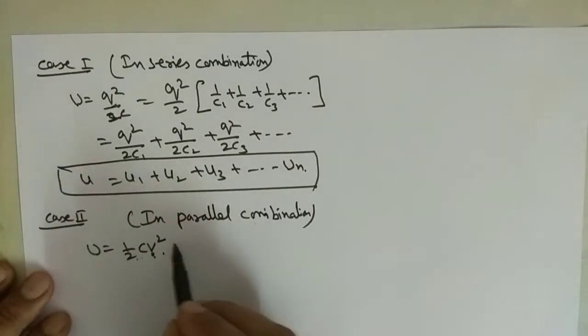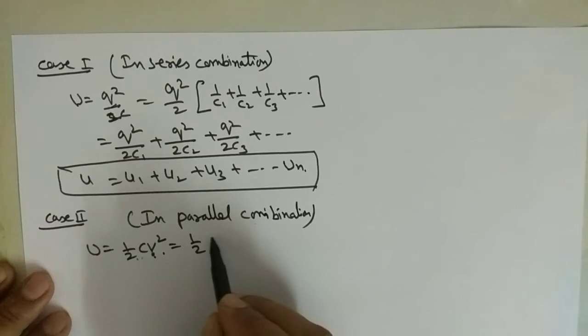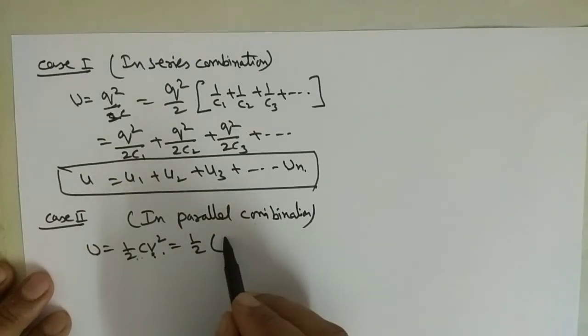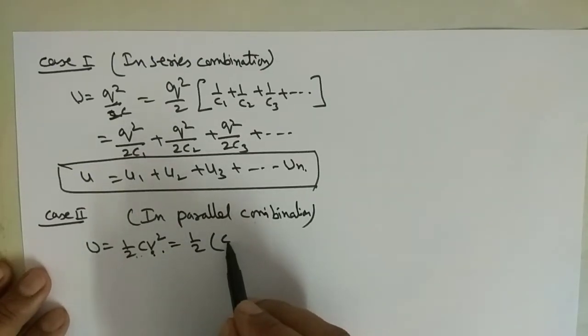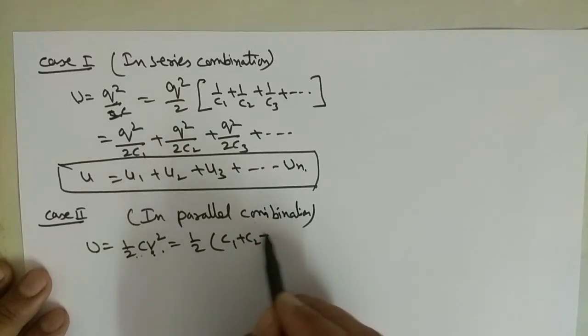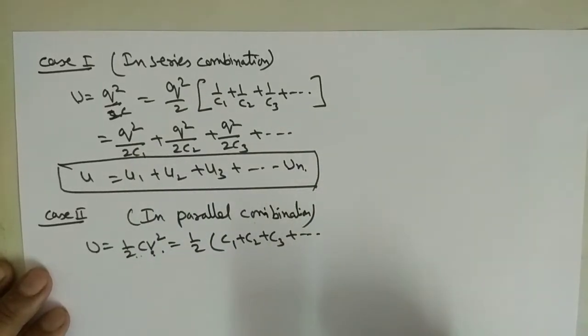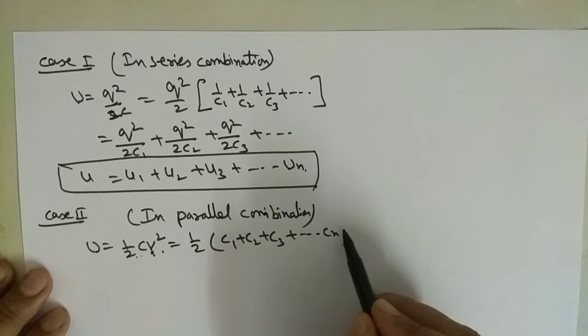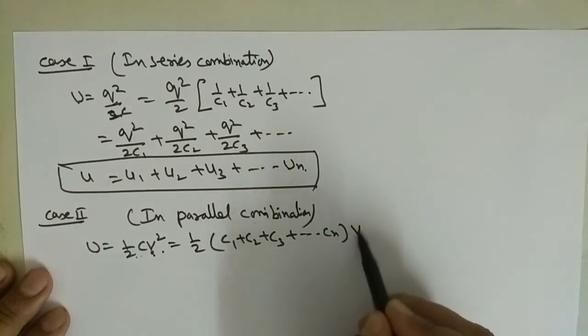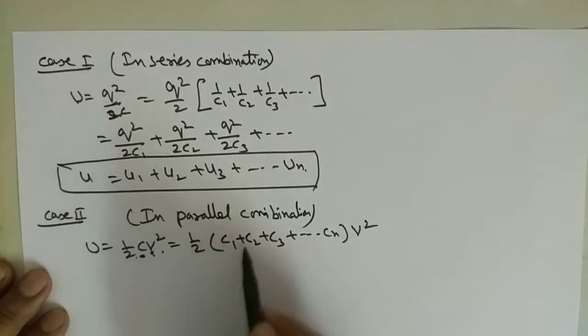So using this formula, it is half, and instead of C, suppose capacitors of different capacitances are connected in parallel, so C1 plus C2 plus C3. In parallel combination, you know C is equal to C1 plus C2 plus C3, etc. Suppose there are n capacitors, so we can write like this. Put C is equal to this.